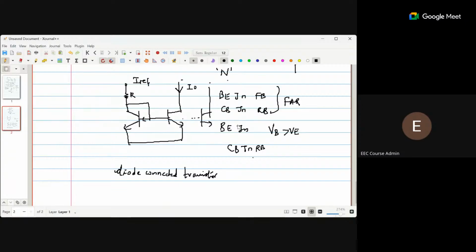So as you increase the number of stages, this I naught will slowly reduce from the I reference. How it happens, I will show you, maybe through some numerical example.